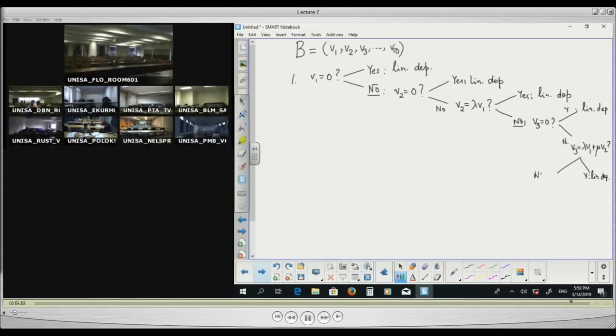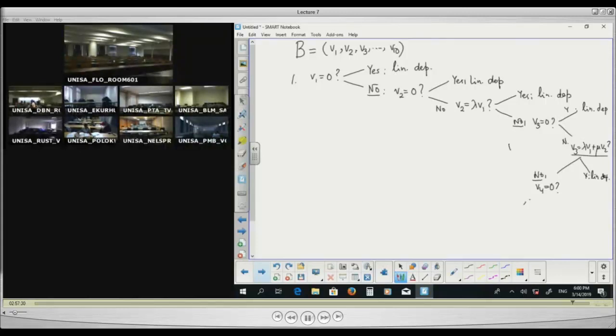No means what? See, what have I done over here? I'm checking whether V3 is in the linear span of V1 and V2. This is the same thing as asking whether V2 is in the linear span of V1. So, what is the story then? When do we have a yes?